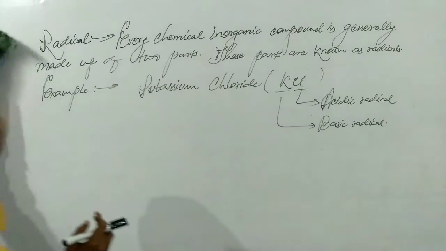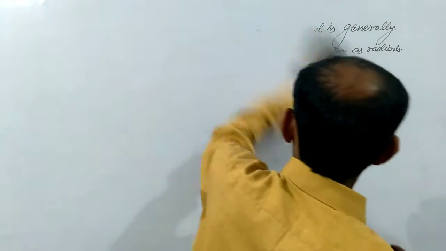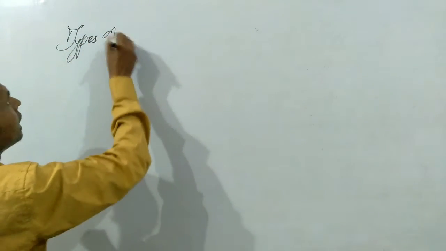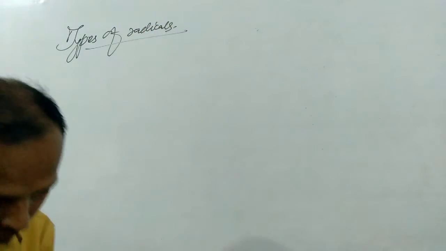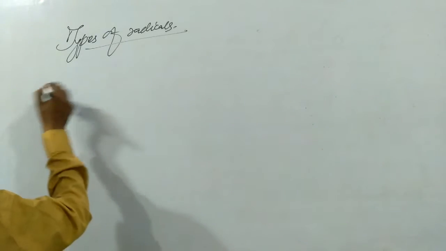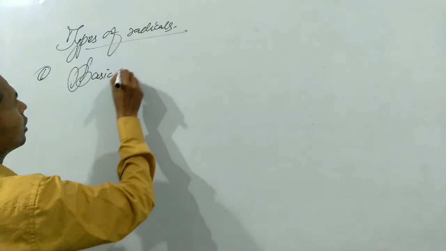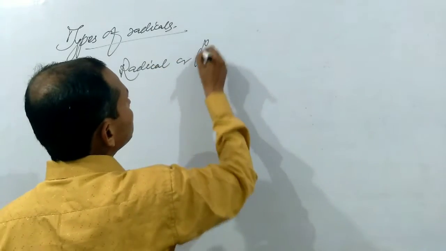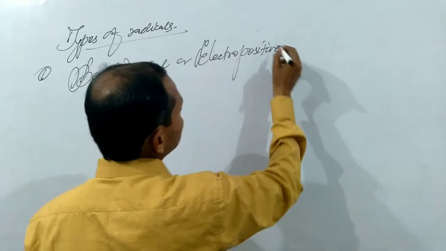Next we can study the classification of radicals, that is, the types of radicals. There are two types of radical. One is basic radical or electropositive radical.